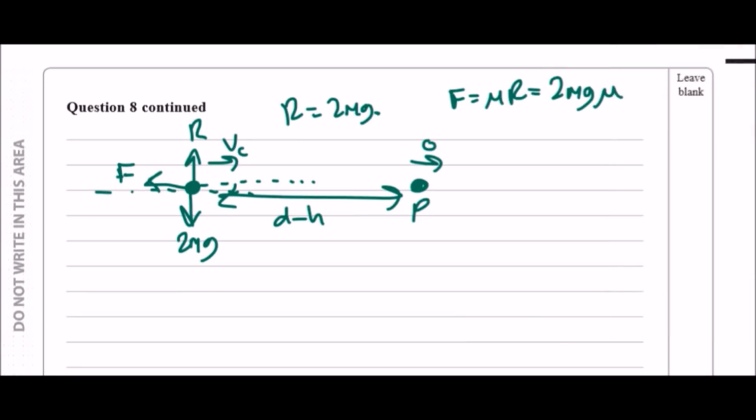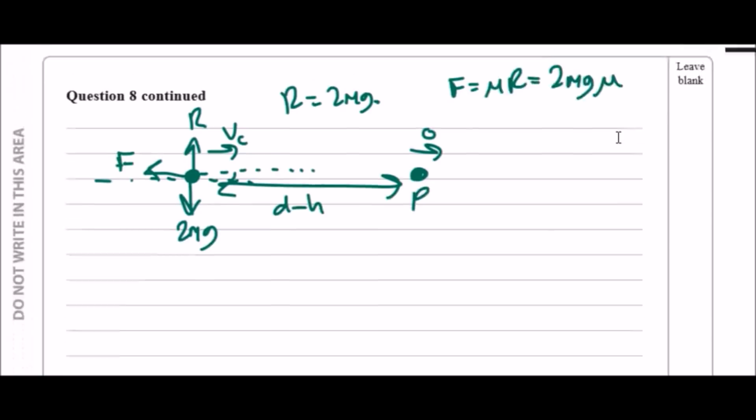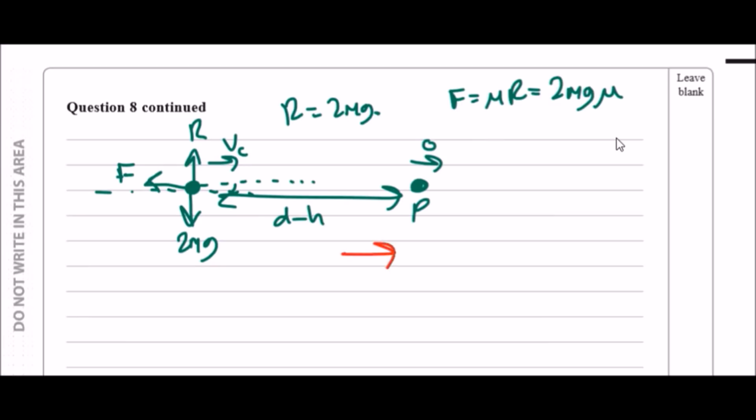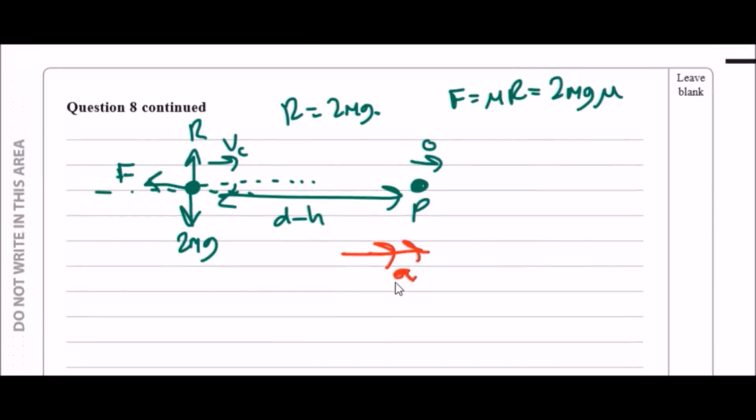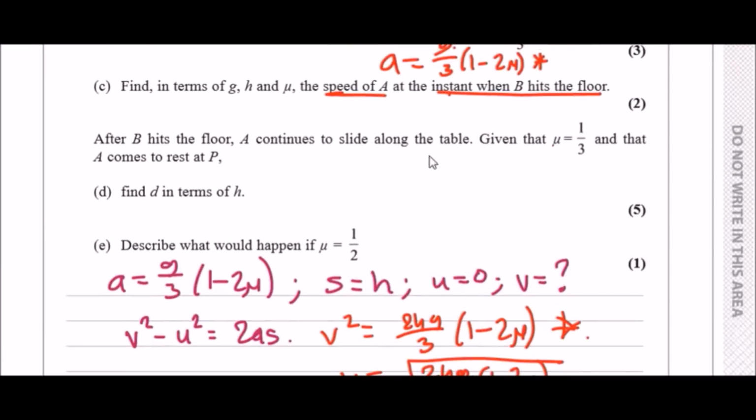So on recalculating the acceleration now, resolving towards the direction of motion this way, we should have only minus F, and this should equal 2ma. And is that what they want in terms of m as well?